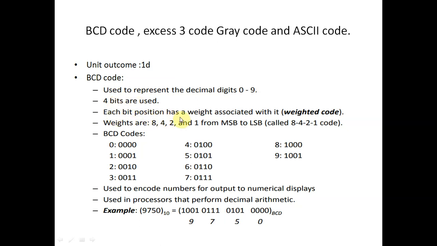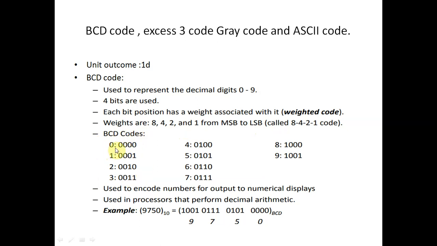Each bit position has a weight associated with it, so it is a weighted code. Weights are 8, 4, 2 and 1 from MSB to LSB. These are the BCD codes.